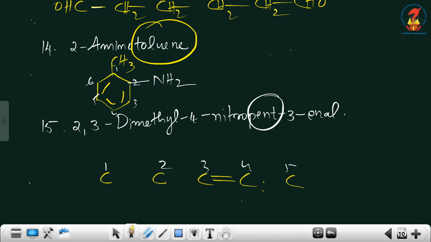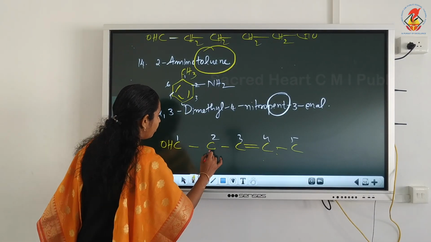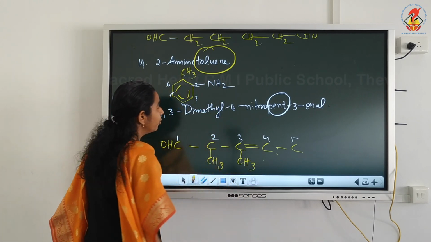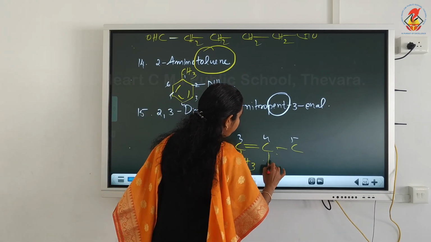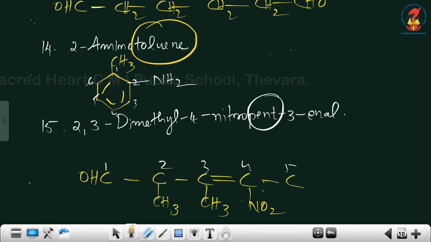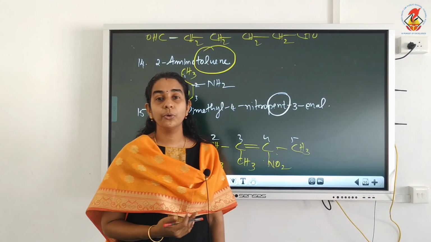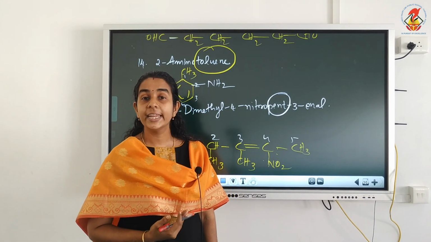Al, position not mentioned, that means the first carbon is CHO. That means all other carbon atoms are singly bonded. 2,3-dimethyl: on the second carbon and third carbon there is a methyl group. 4-nitro: on the fourth carbon there is a nitro group. Add remaining hydrogen, CH3. So this is how to draw the structure from the name given.